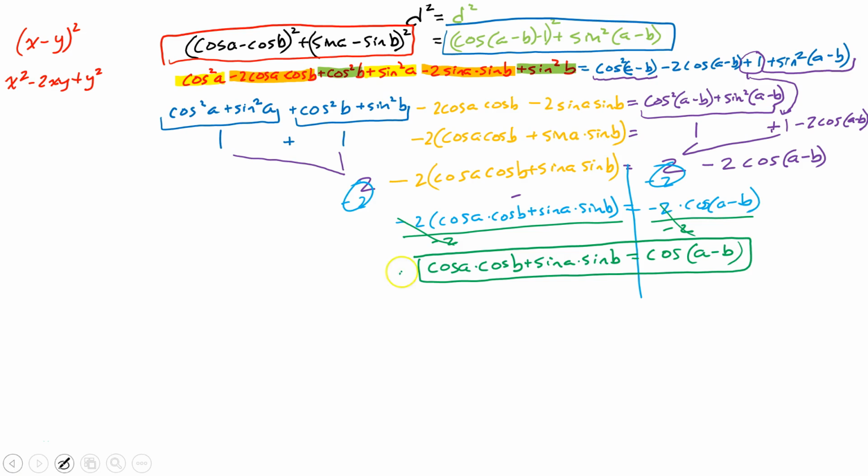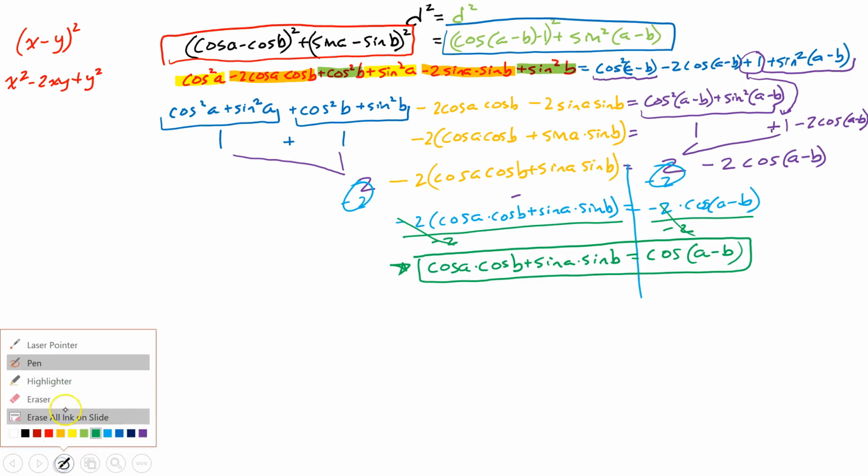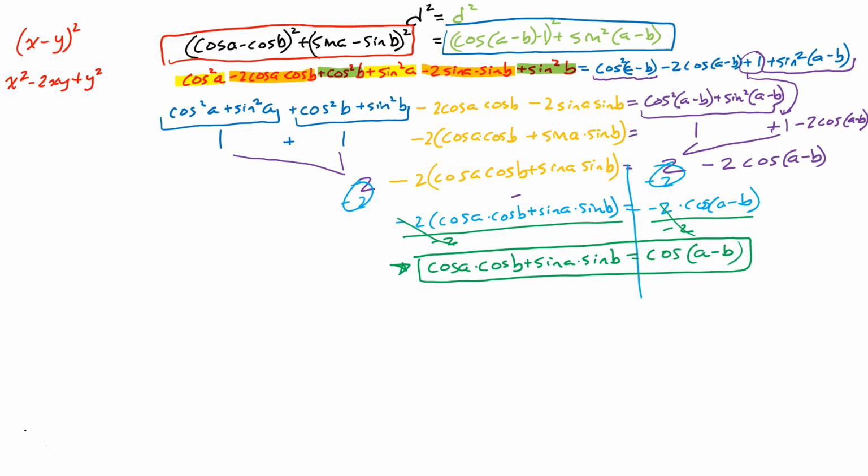All right. Well, now, to get the other formulas, it's a lot easier. It takes a lot less time. We just start substituting some things. So, for instance, if I replace angle B with negative B. When I say replace, it means substitute, right?